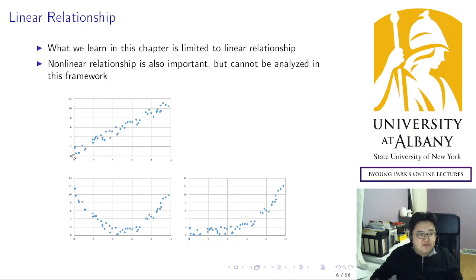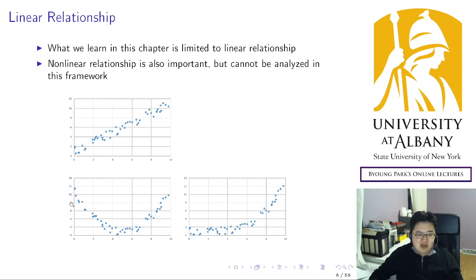For example, in this graph, it's a beautiful graph that perfectly fits a straight line. Even though there is small deviation, overall the fit is clear, and there is a straight line trend going through all the observations. It clearly has a linear relationship, a linear trend.